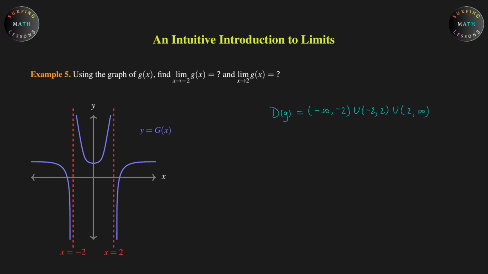That is to say, the points x equals minus 2 and x equals 2 must be excluded from the domain. However, these points are limit points of the domain of g of x and thus play a role with respect to the graph of g of x in this case.